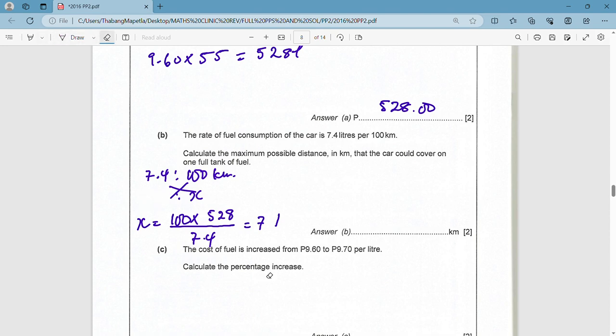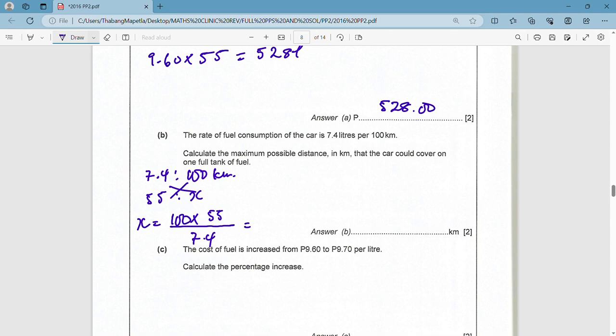So it's going to be 55 liters is to x. 55 times 100 is going to be 5,500.